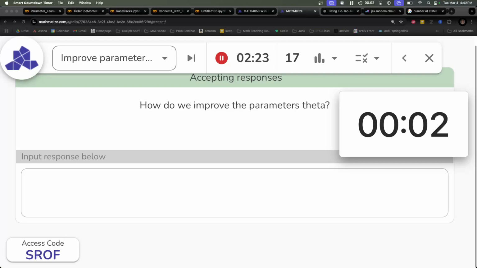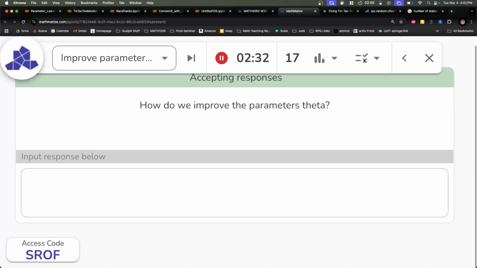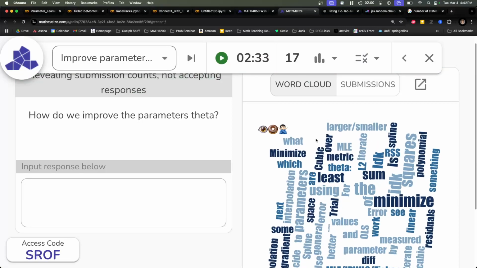Okay, tell me what you think. Let's see, how do we improve these parameters? Okay, let's take a look. How do we improve them?